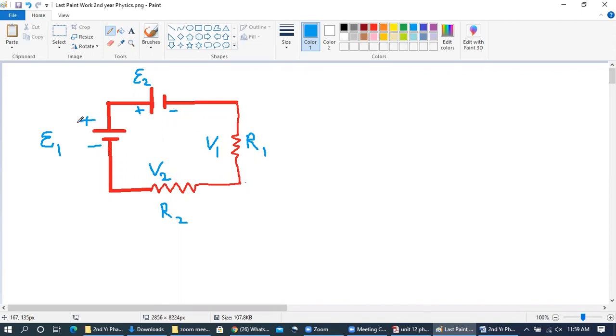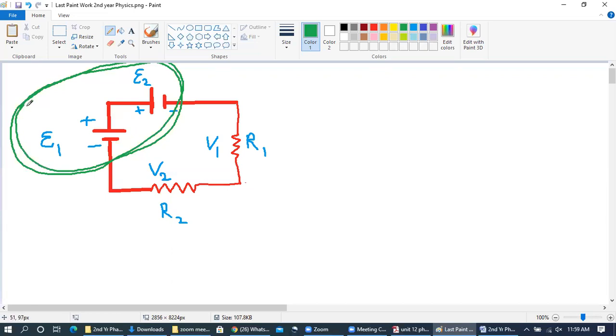You can see that these two batteries, epsilon 1 and epsilon 2, provide a certain amount of voltage to the whole circuit. So what is that voltage? You can see that both batteries are trying to cancel the effect of each other.